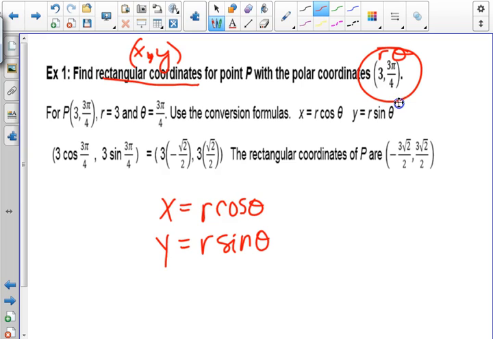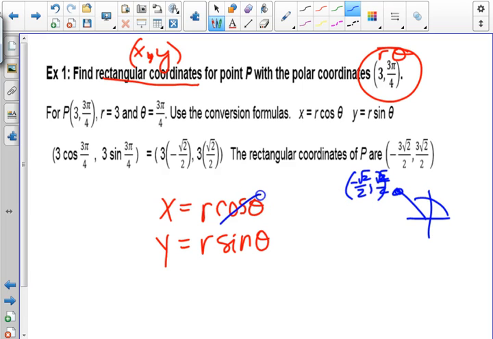Now, 3 pi over 4 happens to have magical properties. It's on our unit circle, right? So rather than just typing it in, they did exact. Can you look at your unit circle and find the cosine at 3 pi over 4? The ordered pair on your unit circle is negative square root of 2 over 2 and positive square root of 2 over 2.